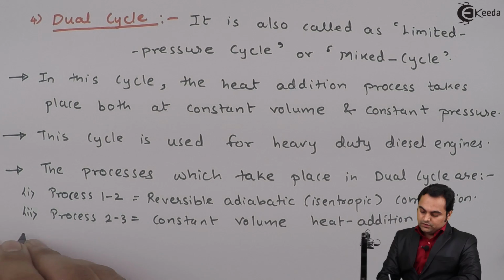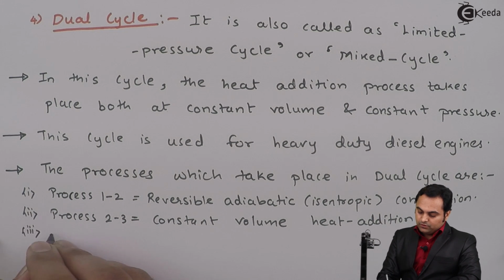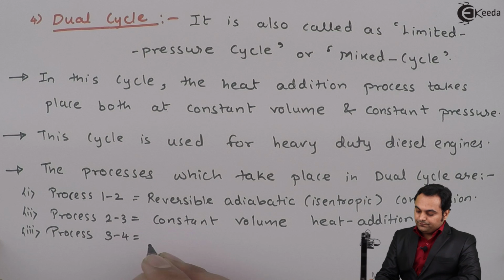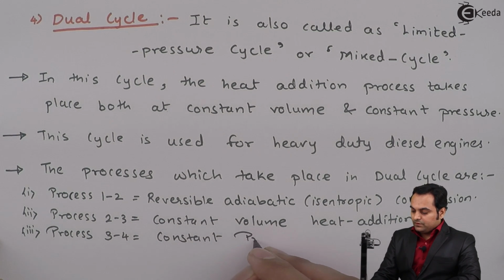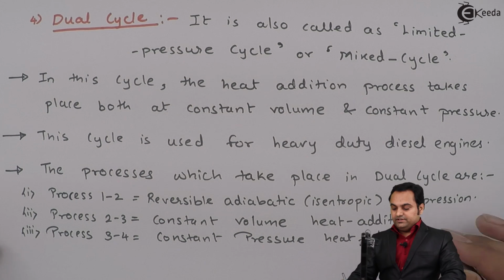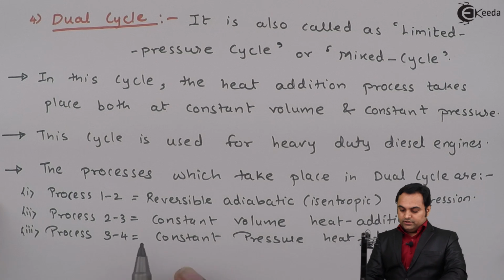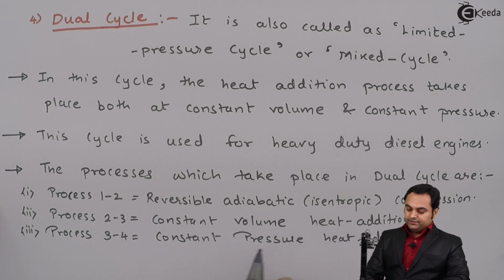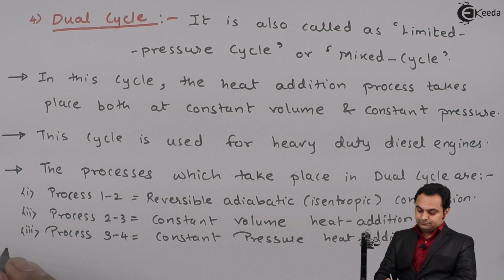Next we have process 3 to 4 as constant pressure heat addition. Here as we see, there are two heat addition processes, first at constant volume, second at constant pressure.